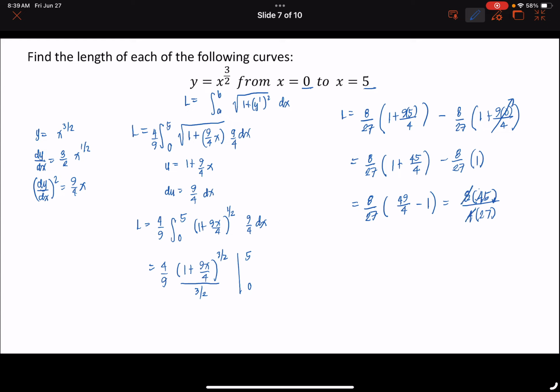So 8 over 4 is 2, so we have 90 over 27. Let's double check that.